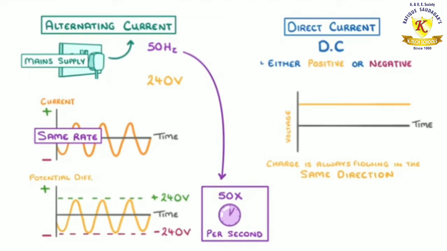We find direct current in cells and batteries, like those in your phones or calculators. So, have you understood, children, what is alternating current and what is direct current? Yes. Now moving to the next one.